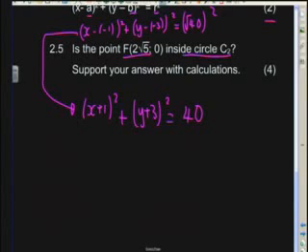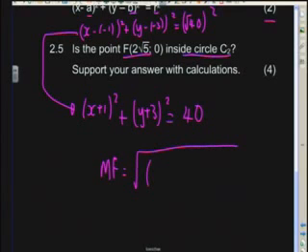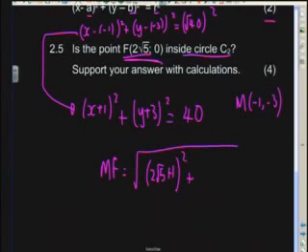All right, so we've got F. We know that M is minus 1, minus root 3, so therefore MF is going to be the square root of... let's just write down M in case anyone's forgotten. M is minus 1, minus root 3, and we've got the point F there. So using the distance formula: 2 root 5 minus minus 1, so it's going to become plus 1, squared, plus 0 minus minus root 3, which is just going to be root 3 squared.